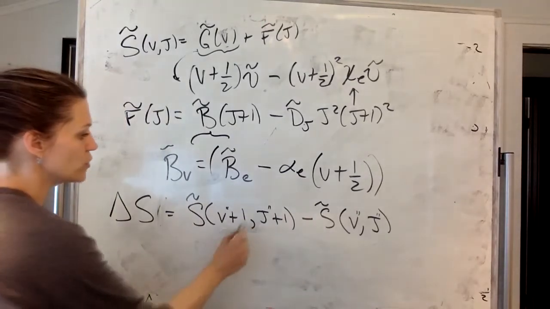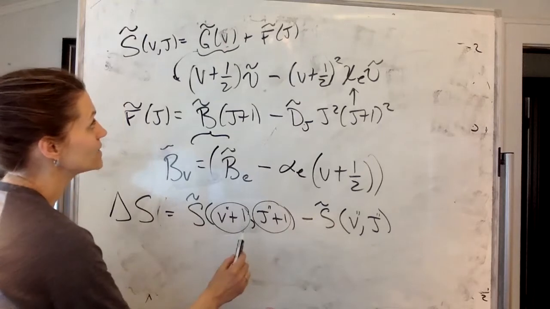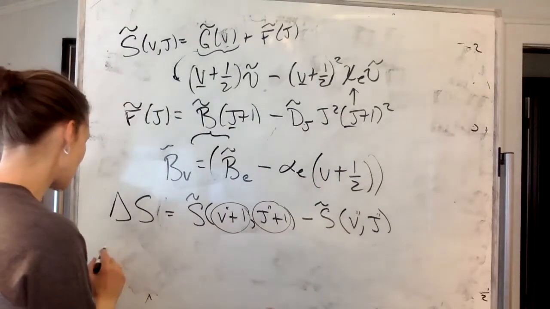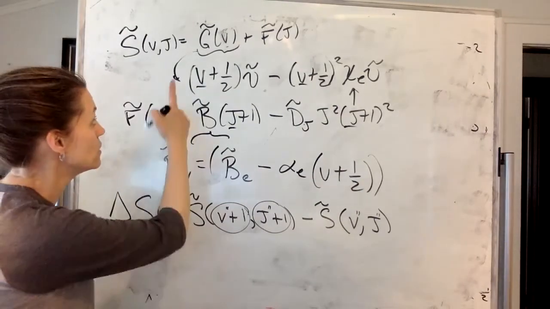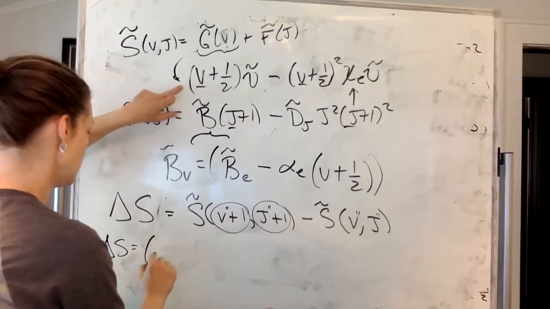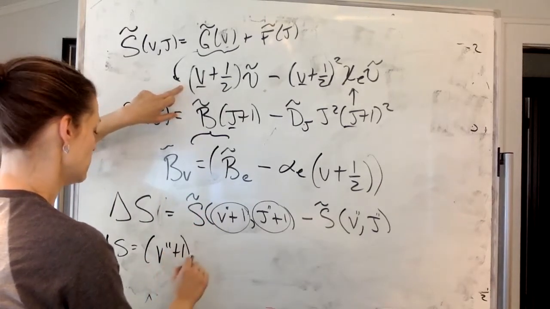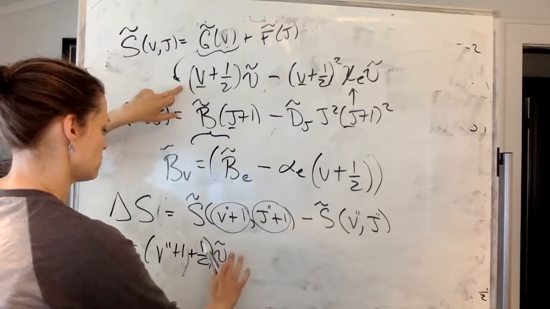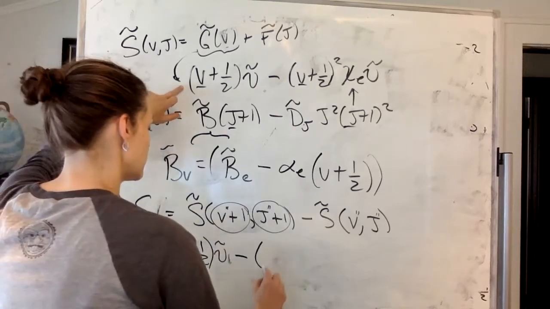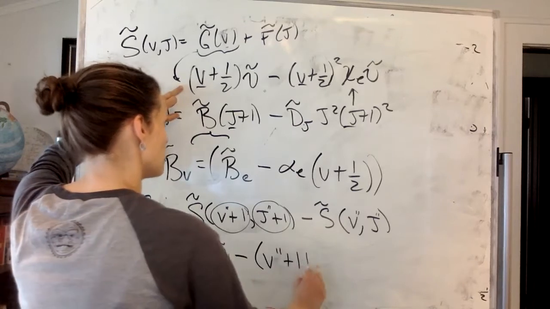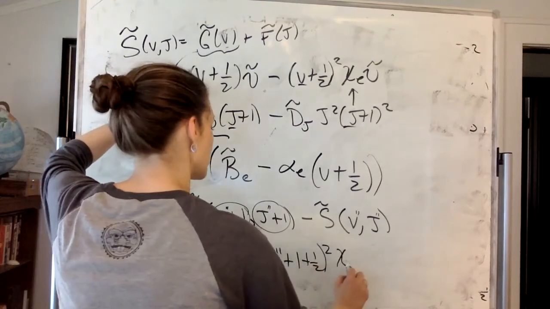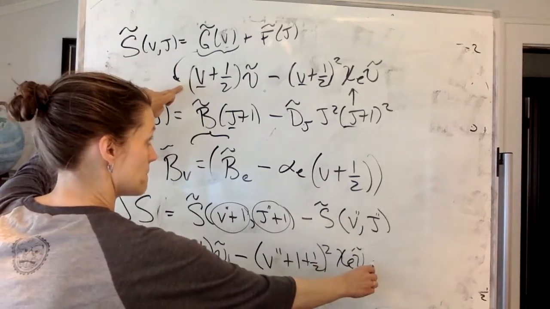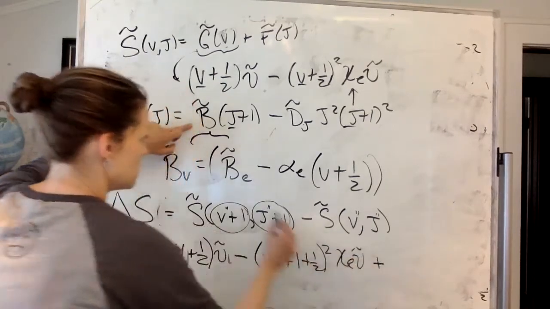Now what you're going to do is you're going to input each of these into everywhere you see a V and a J. Okay, so your expression should be delta S equals this first one, (V double prime plus 1 plus 1/2) nu tilde, minus (B double prime plus 1 plus 1/2) squared xe V tilde plus, now we're going to do this.